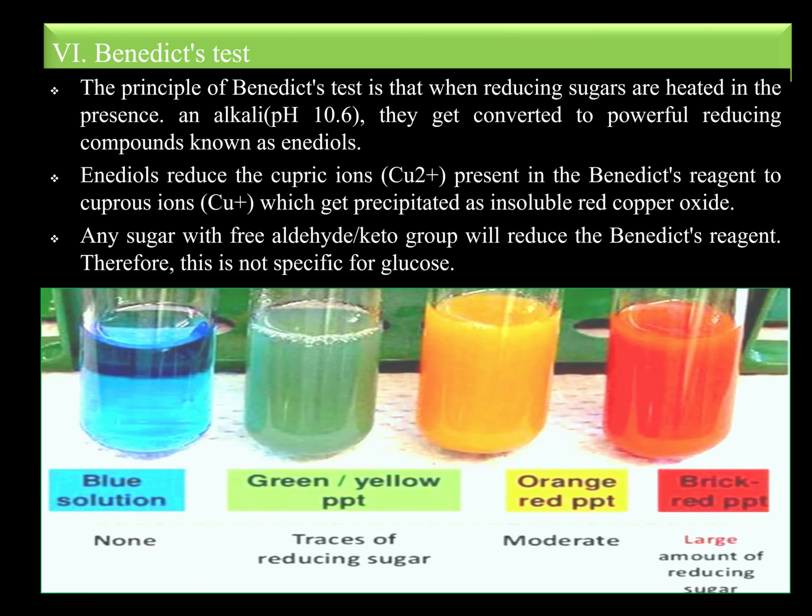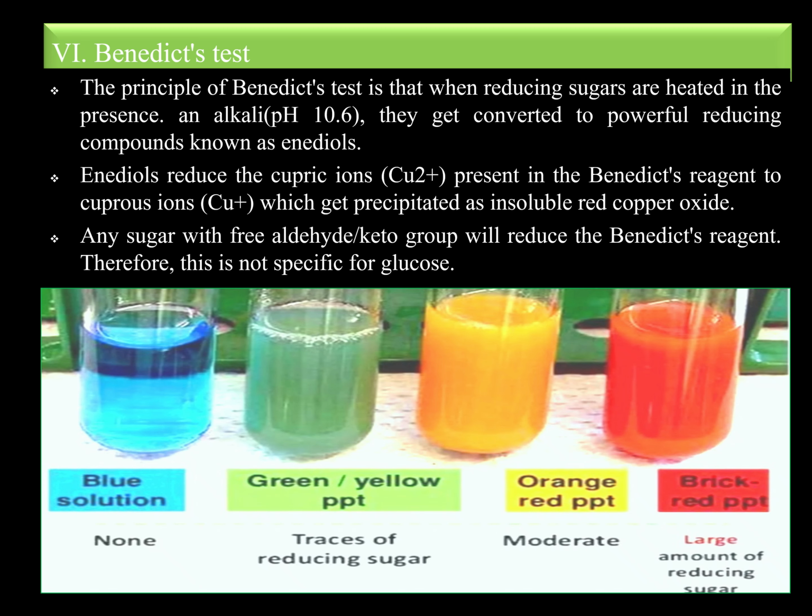Next is Benedict's test. Benedict's test detects reducing sugars. When reducing sugars are heated with Benedict's reagent in alkaline medium, they reduce cupric ions to cuprous ions, forming a red precipitate of copper oxide.